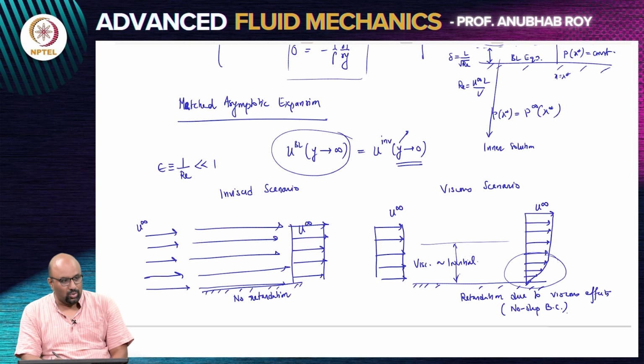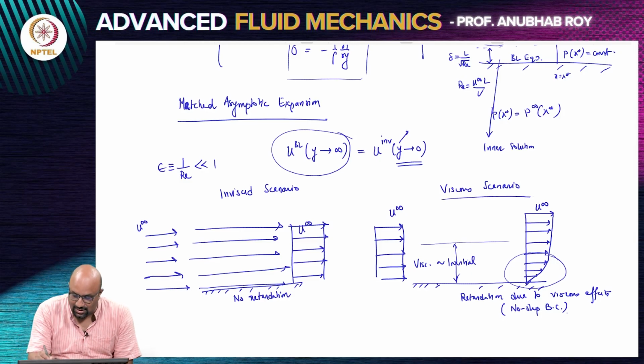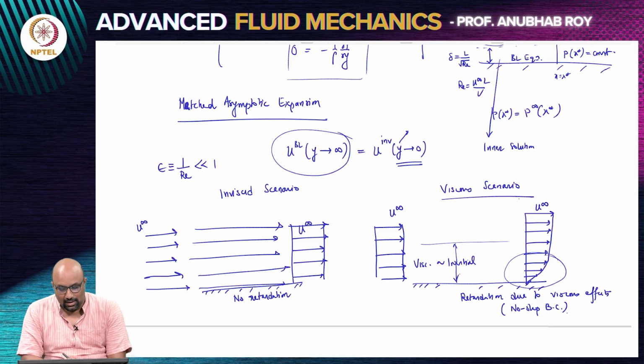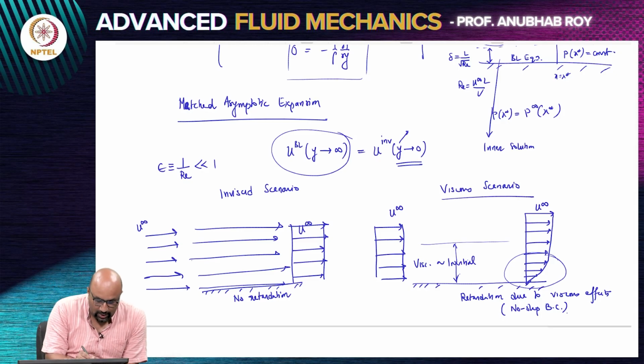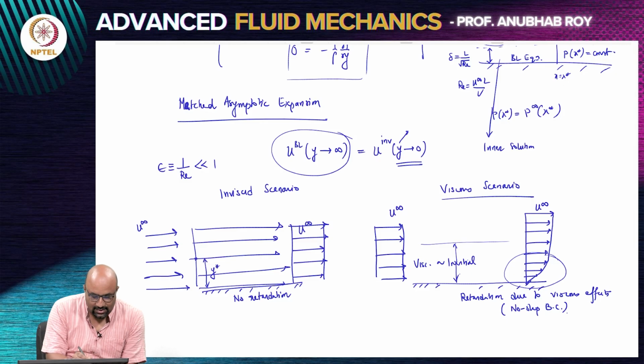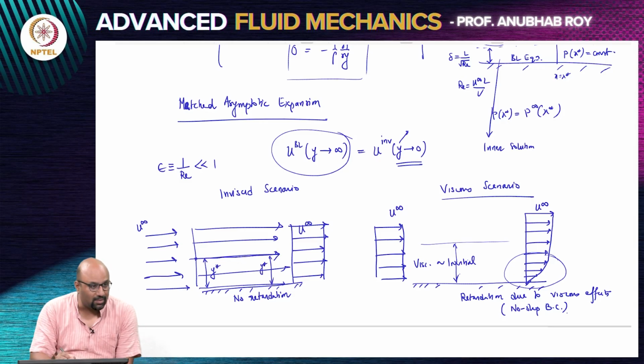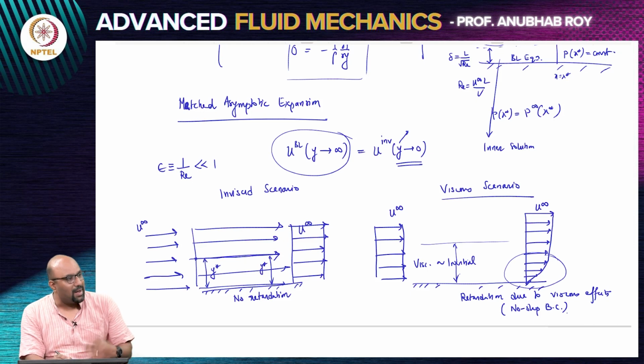So, there are multiple ways of answering this question. One particular way is if you look at the velocity profile in the viscous scenario. Now, if you look at the inviscid problem, if there was a fluid particle which was at a height y star, that fluid particle would continue to remain on that streamline, but more importantly, it would be on the streamline at the same height, because the streamline remains parallel to the surface.